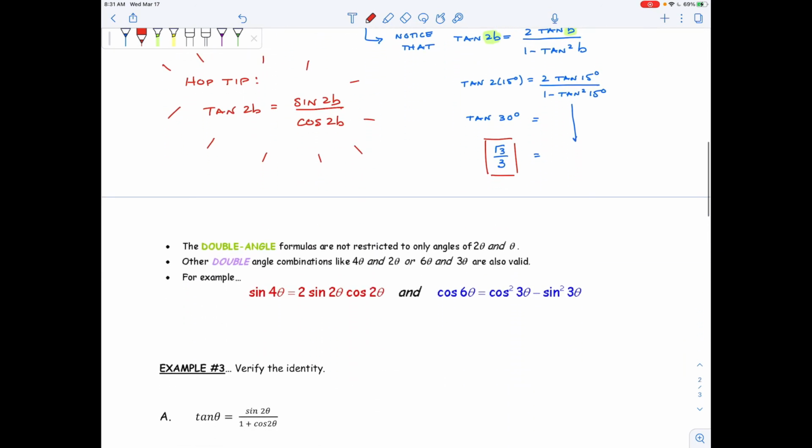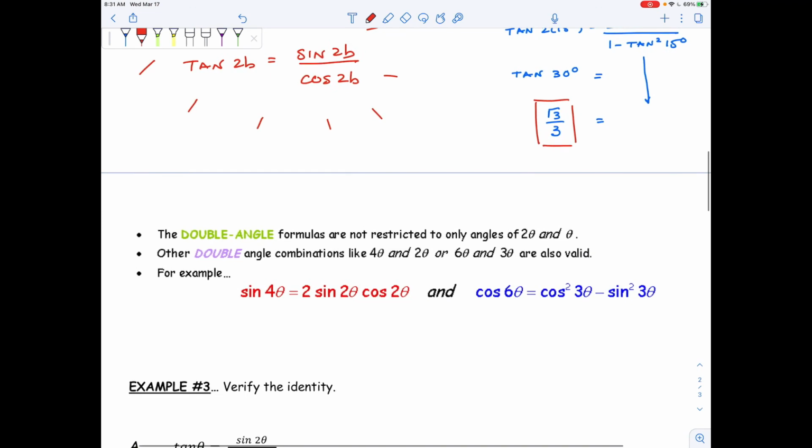Also realize that these double angle formulas can be scaled up. So if you have a double angle combination, say you want to do the sine of 4a, you can scale it up from 2 theta, or 6 theta can be scaled up from 3 theta. If you look at the formula below, this is really twice 2 theta.